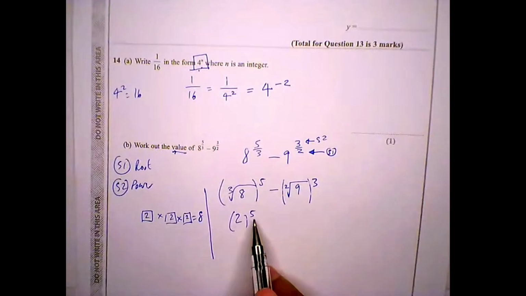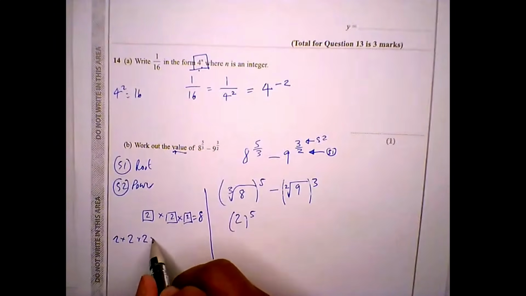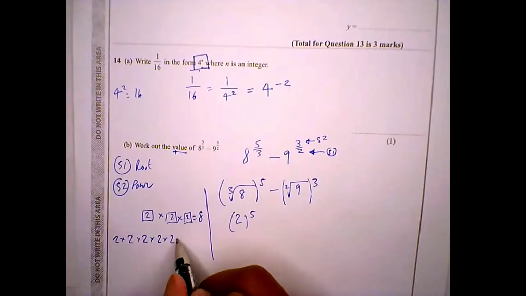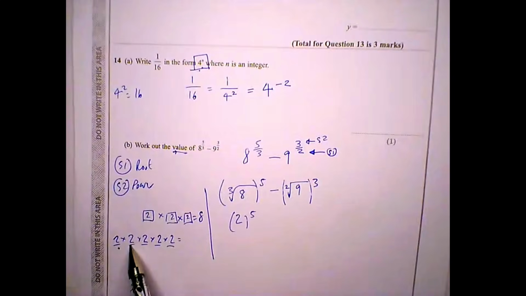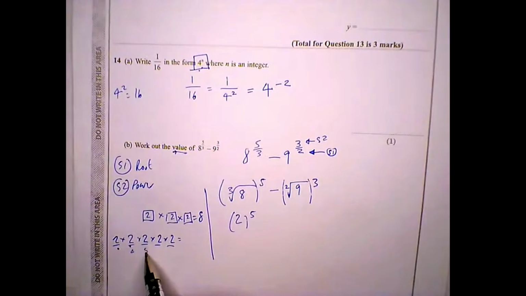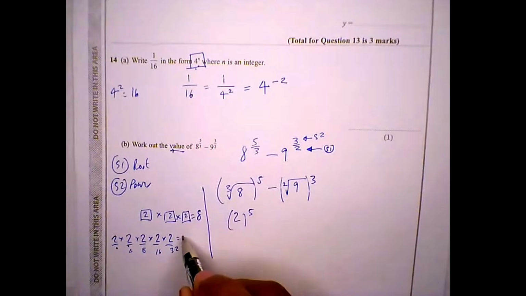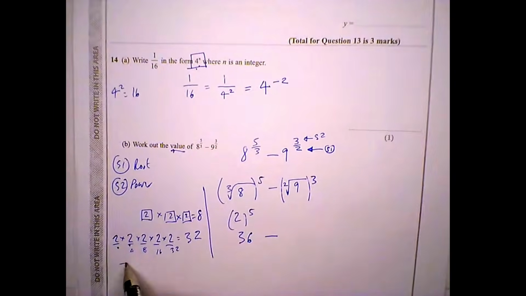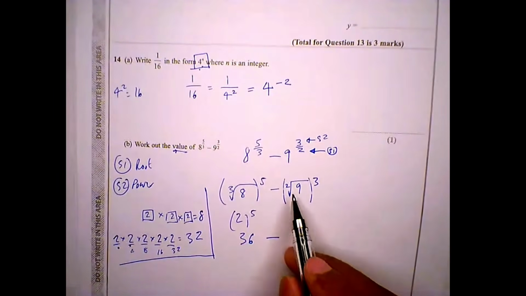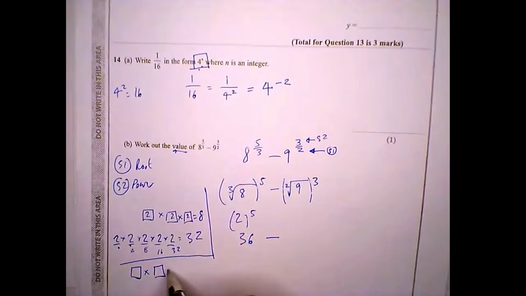So this is 2 five times: 1, 2, 3, 4, 5. 2 times 2 is 4, times 2 is 8, times 2 is 16, times 2 is 32. So this is 32. Take away. And so square root of 9 is 3, because 3 times 3 is 9.